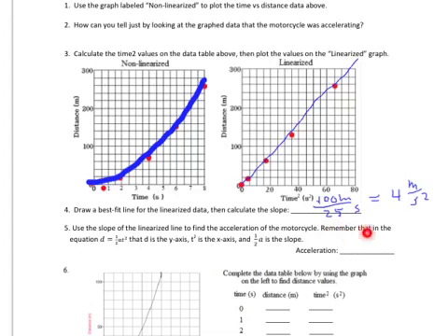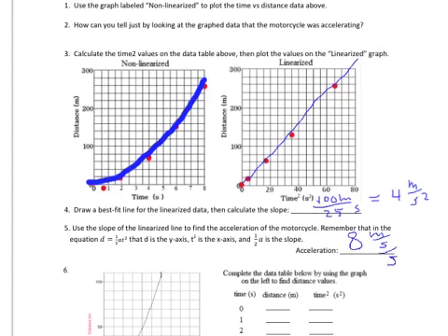And here's the important thing. Remember that the equation we're using is d equals 1/2 a t squared. Here's d, here's t squared. The slope is 1/2 a. How fast is my motorcycle accelerating? Well, if 4 is 1/2 of a, then a must be 8 meters per second squared.